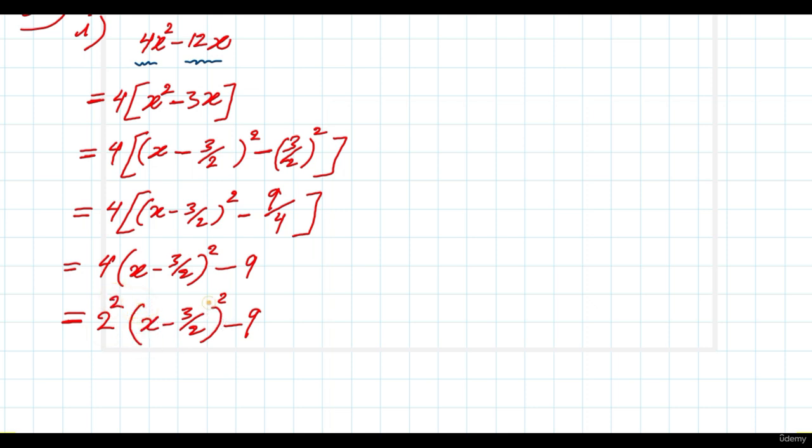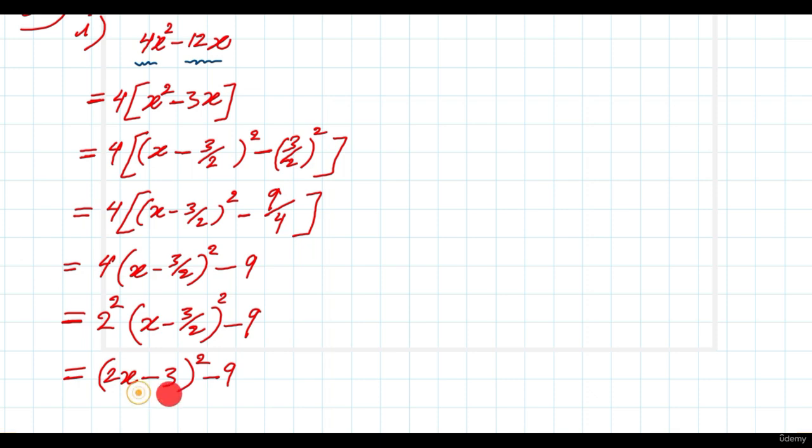This parenthesis is also raised to the second power. Then we can combine these two, or simply multiply the base, which is 2, by each term inside the parenthesis. So it becomes 2 times x, then minus 2 times 3 over 2 is minus 3, then all squared minus 9.